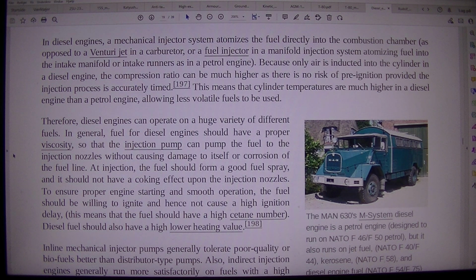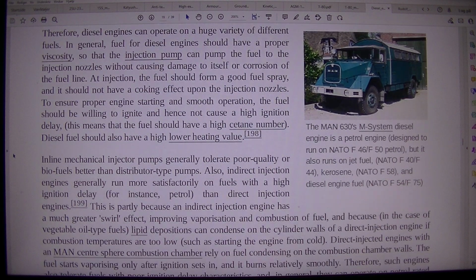The MAN 630 SM system diesel engine is a petrol engine, designed to run on NATO F46/F50 petrol, but it also runs on jet fuel, NATO F40/F44, kerosene, NATO F58, and diesel engine fuel, NATO F54/F75. Therefore, diesel engines can operate on a huge variety of different fuels.